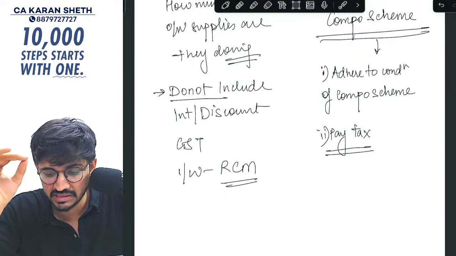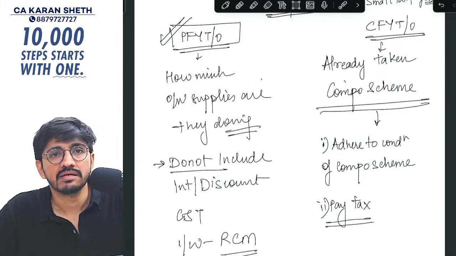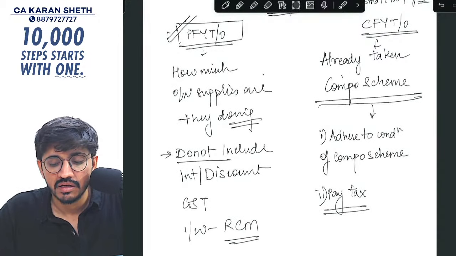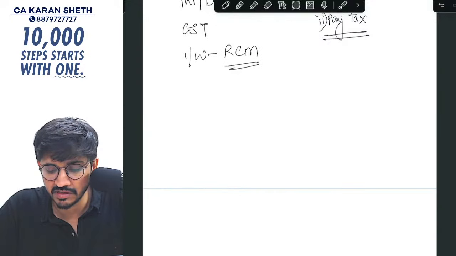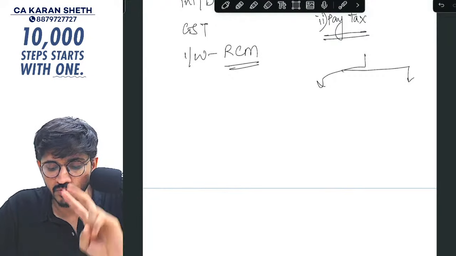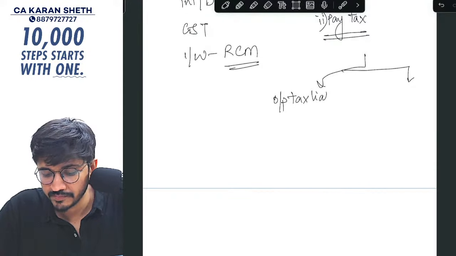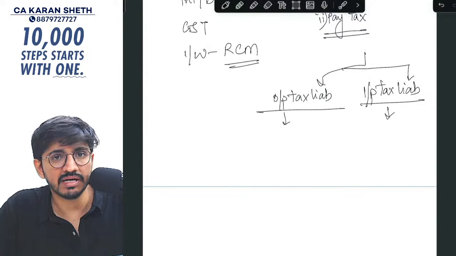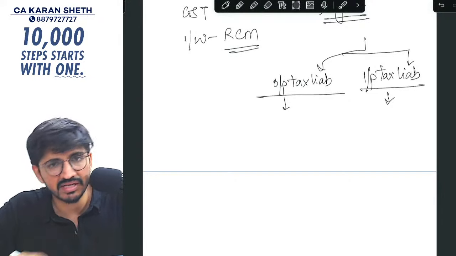Make sense? Yes. Now the objective that needs to be taken into consideration is, okay, what are the things to be taken care of? Two simple things. In the current financial year there is a good possibility that you will have two types of liabilities. One is output tax liability and the other is input tax liability. Okay? What is the scene in output tax liability? Very simple.